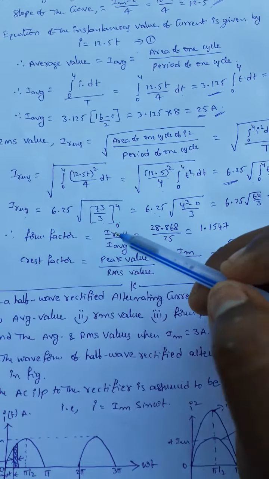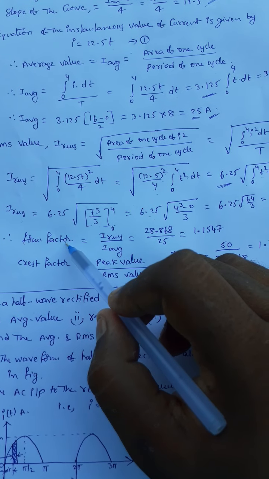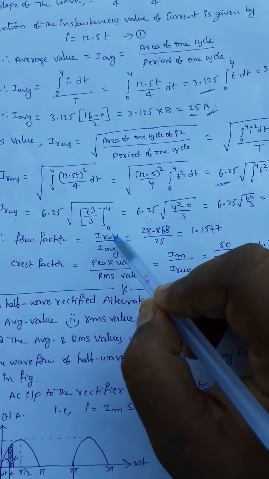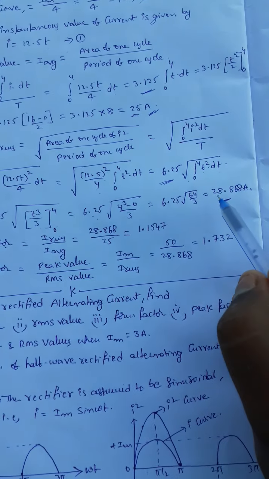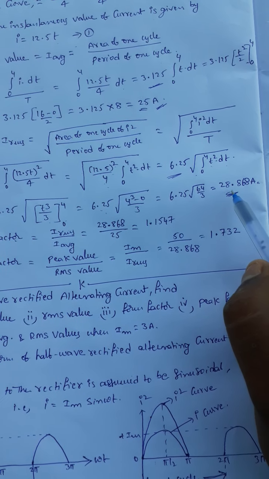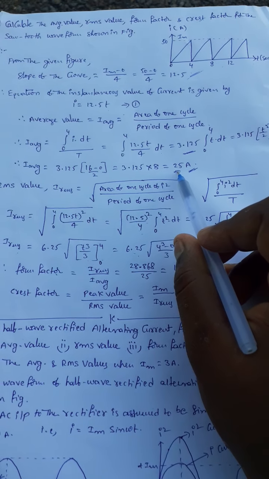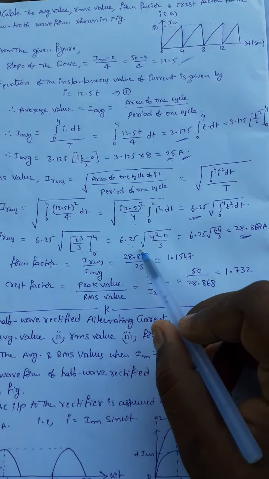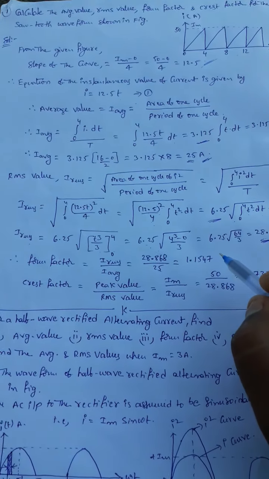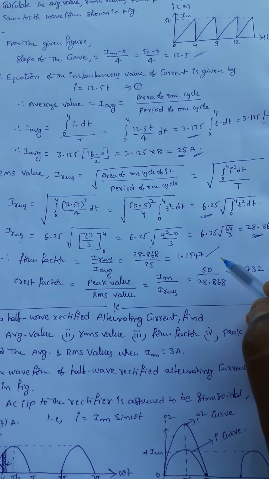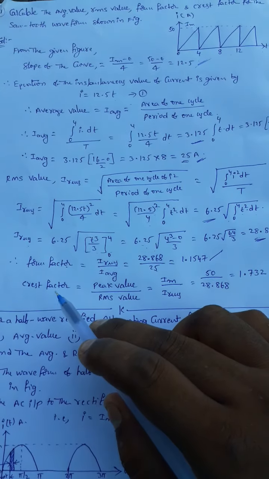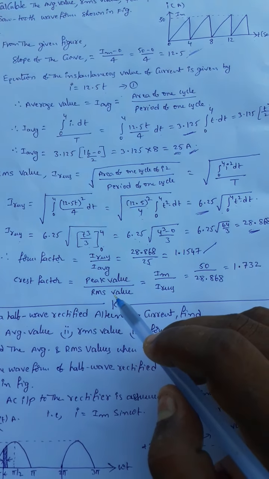Now the form factor. What is the definition of form factor? RMS value by average value. We know the RMS value is 28.868 and the average value is 25. So from RMS value by average value, I got the form factor as 1.1547. Crest factor is peak value by RMS value.